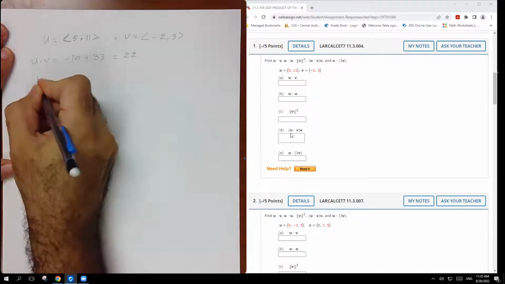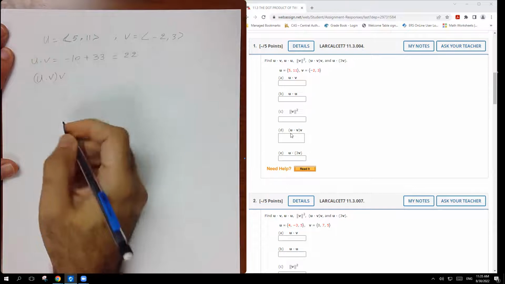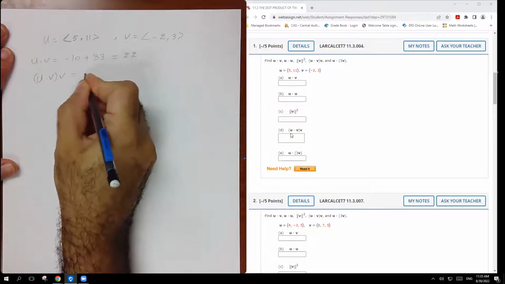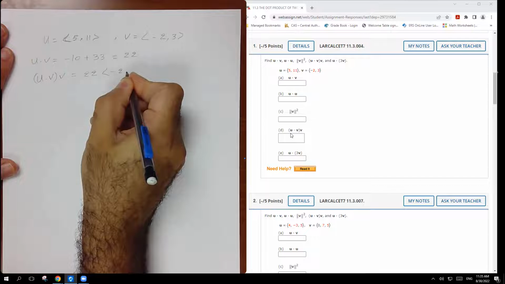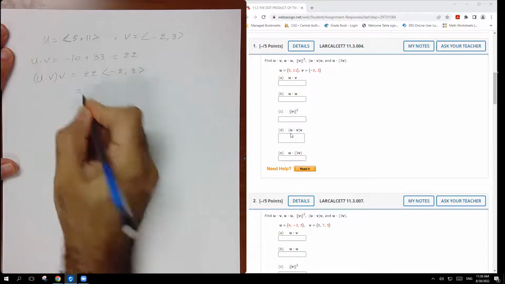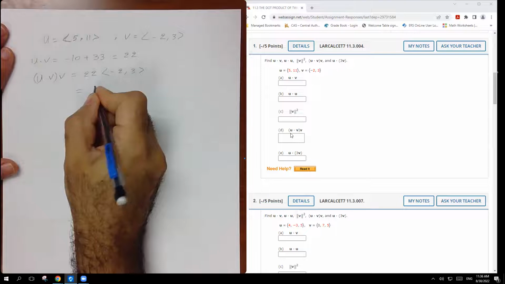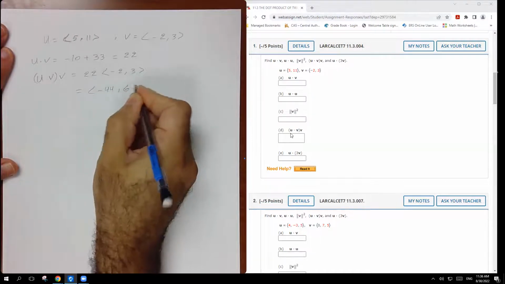Yep. So u times v with the v is going to look like what? 22 times the vector v. Yes or no? Yes. So it's going to be -44 and 66.